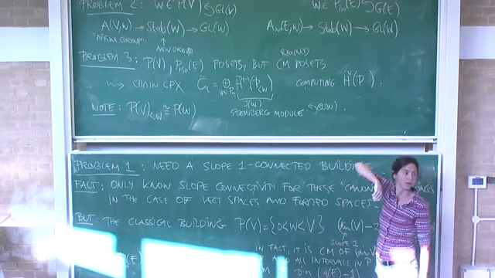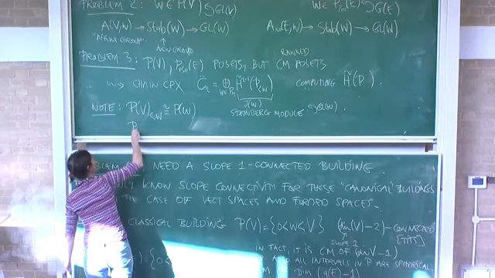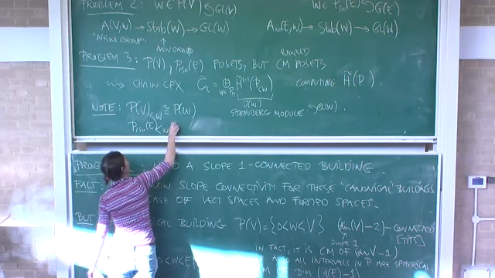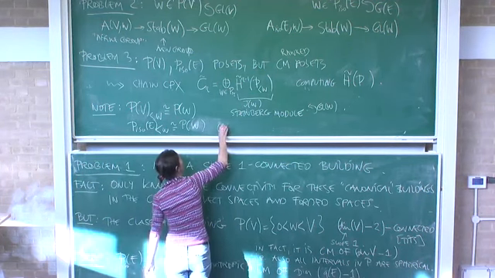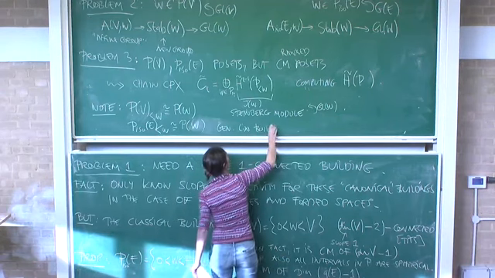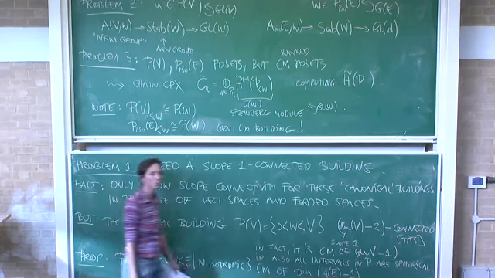Okay, but the other one, which is a happy one, E smaller than W, is actually the same. P(W) is a general linear building. Why?